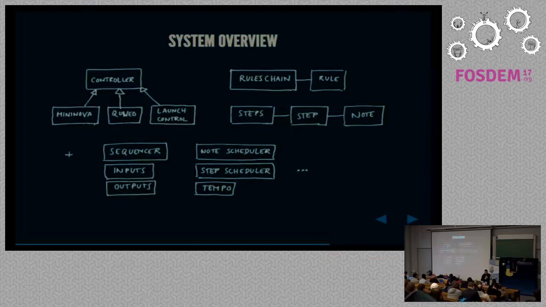Okay, so just a quick drawing with the main classes. So we have controllers, the base controller class. My controllers inherit this class, and we have several utility classes like the rules chain and the steps, of course.